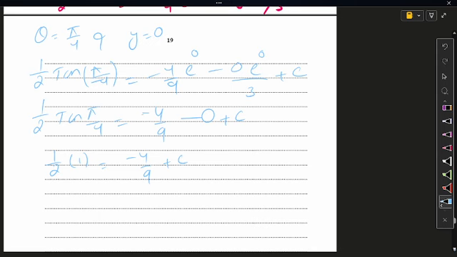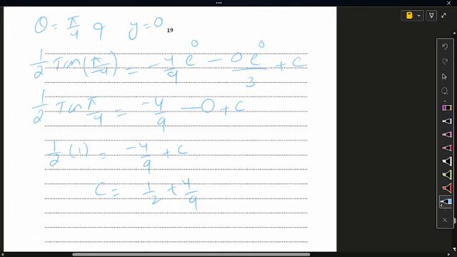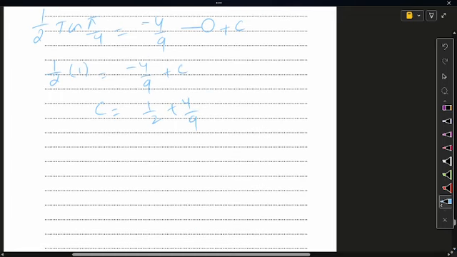Now you can calculate the value of c as 1 by 2 plus 4 by 9, which can be written as 17 by 18. So the value of c is 17 by 18.